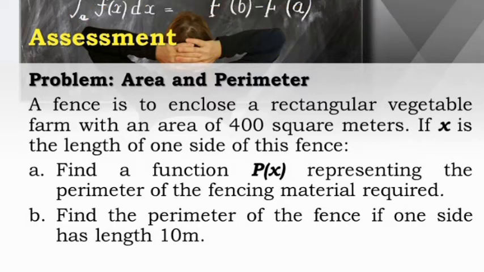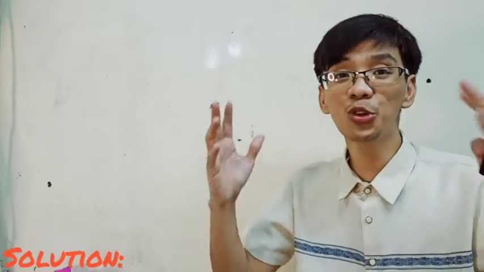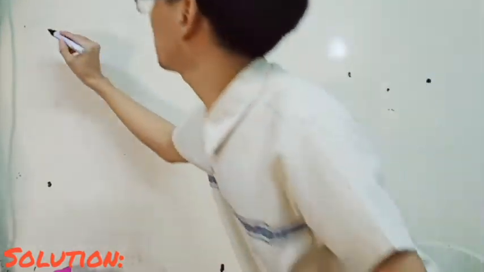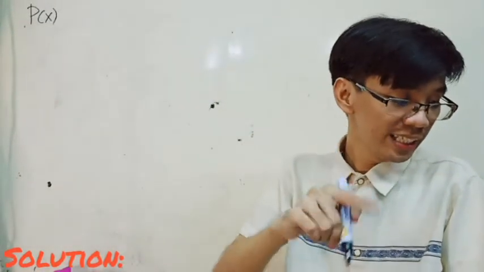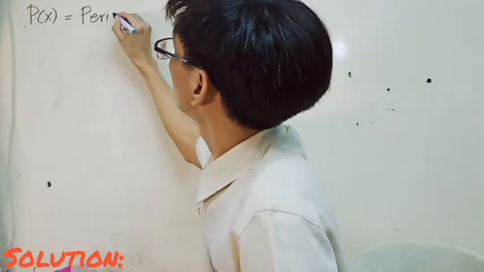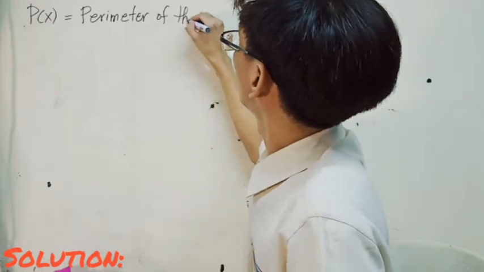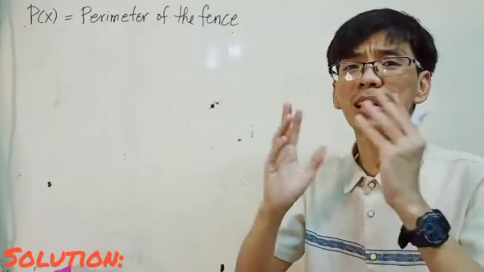After solving the problem, let us check if you got the correct answer. In letter A, we need to create a function p of x representing the perimeter of the fence. So, how are we going to create a perimeter function?